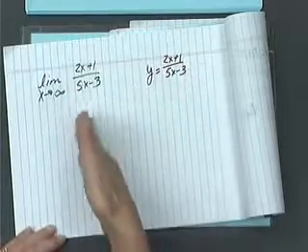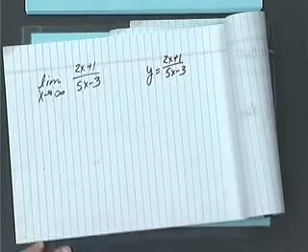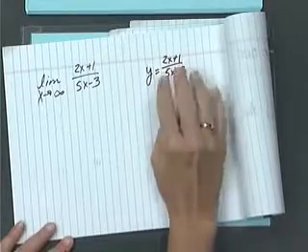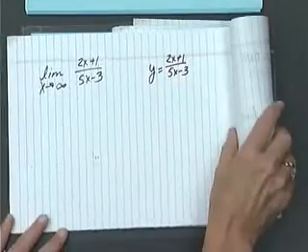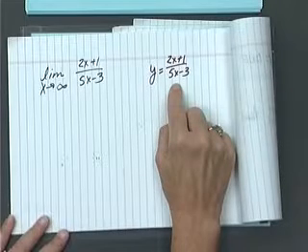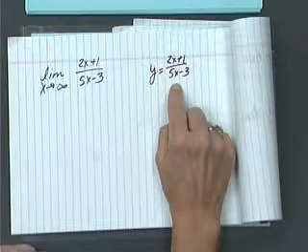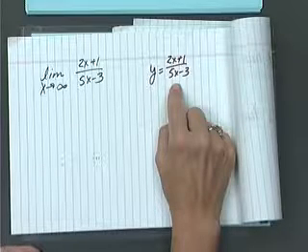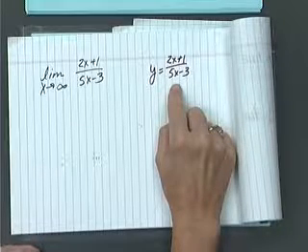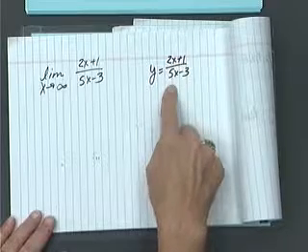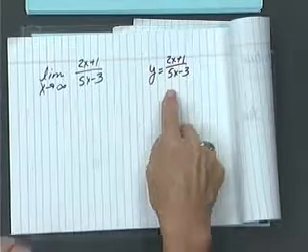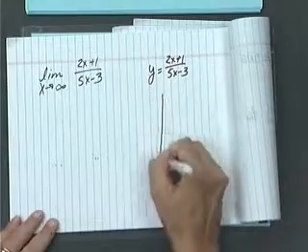And this does not simplify. Okay, from your pre-calculus days, what is the graph of this going to be? Hyperbola, correct. Okay, where is this undefined? At x equal to 3/5.